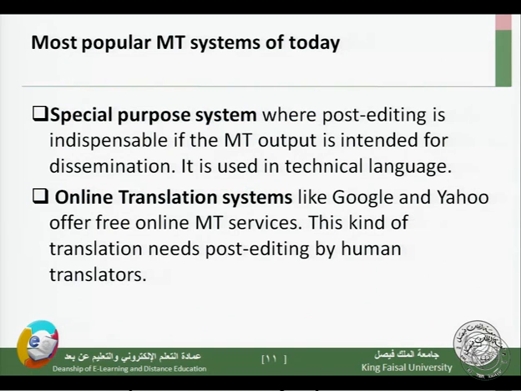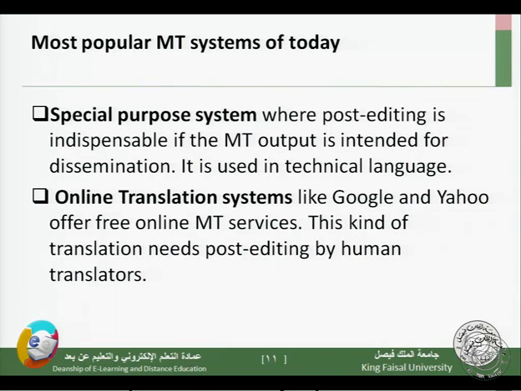Now, what are the most popular machine translation systems today? Well, I mean, the majority of you probably know them and use them. Now, we have two types. The most popular ones: we have special purpose systems, where editing is indispensable if the machine translation output is intended for dissemination.